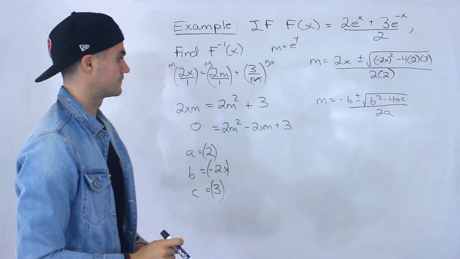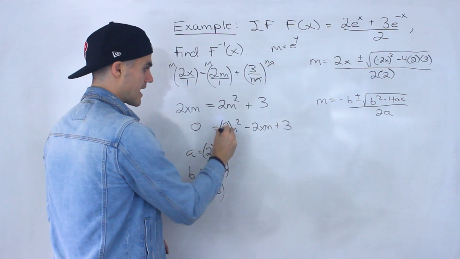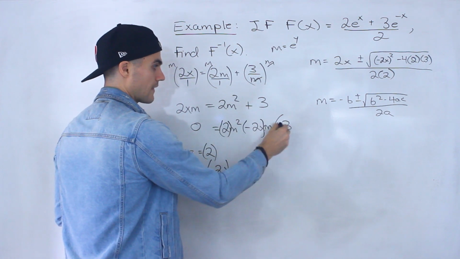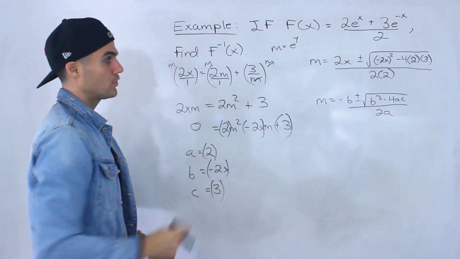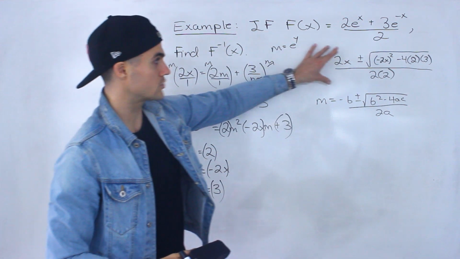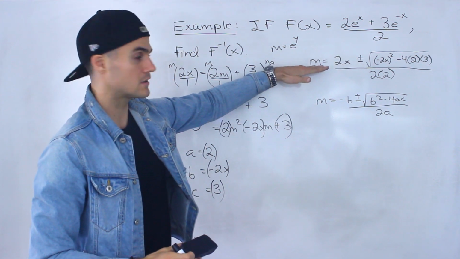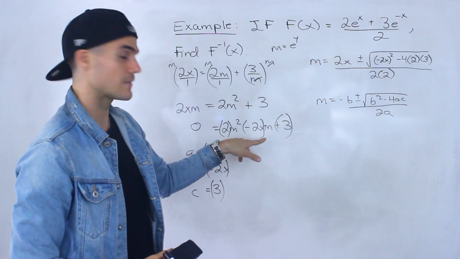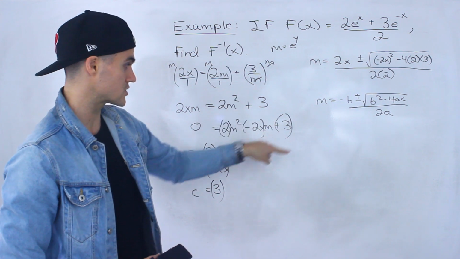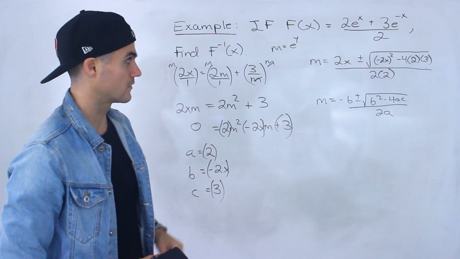Like that. Right? So we just took this a, this b, and this c, and put it into the quadratic formula. And so now we can get an expression for this m. That's what we're solving for in this quadratic equation here.